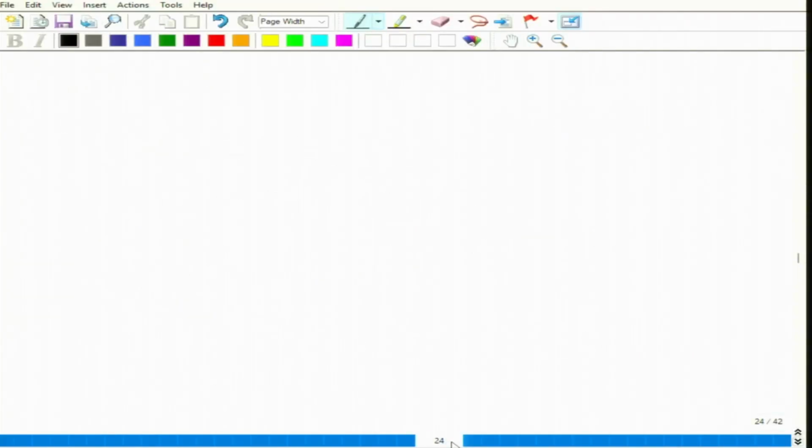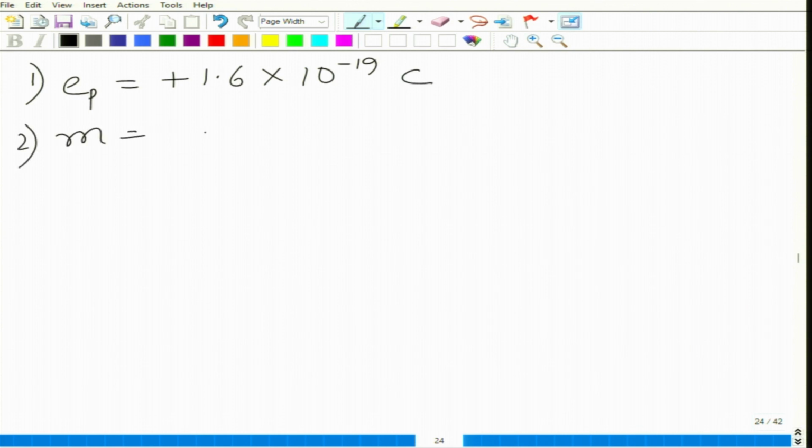Let's summarize. First of all, the charge of a proton is plus 1.6 into 10 raised to minus 19 coulomb. The mass of a proton was found out to be 1.673 into 10 to the power minus 27 kg.